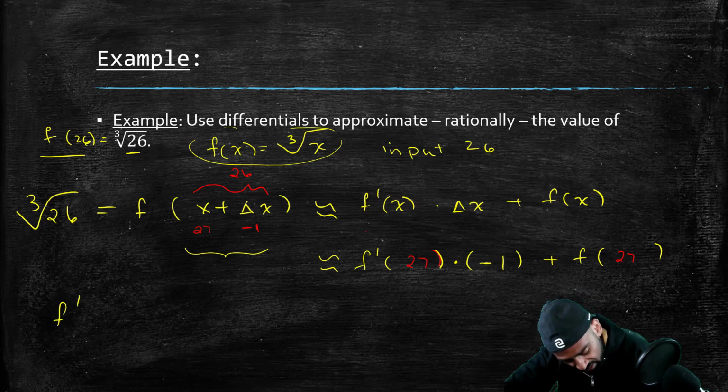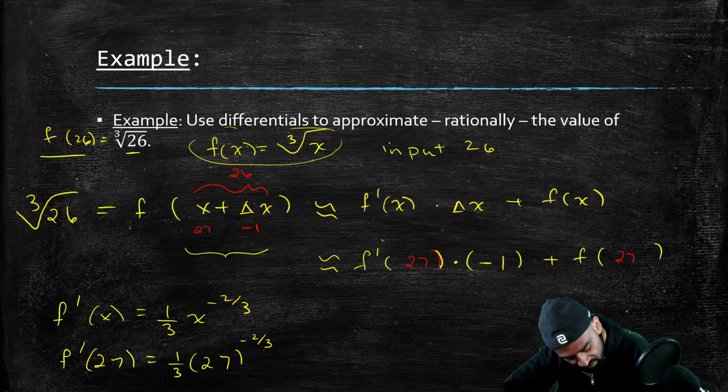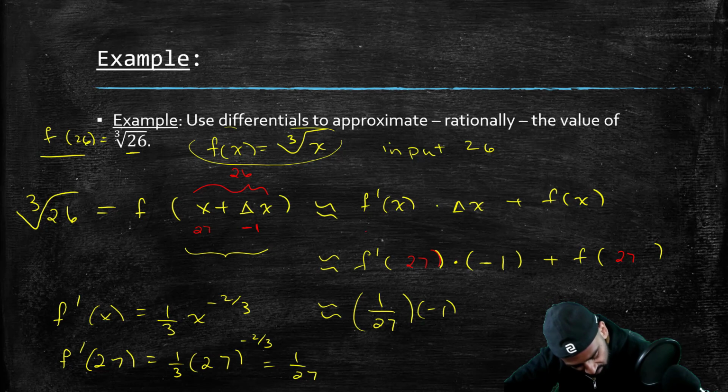So f prime of x should end up being 1/3 x to the negative 2/3. And if you plug in 27, what does that end up giving us? I get 3 squared, 1/9, so I get 1/27. So this is approximately 1/27 times negative 1. Is that right? Cube root is 3, squared is 9, 1 over, yep.